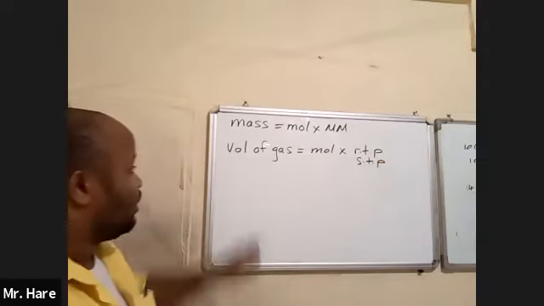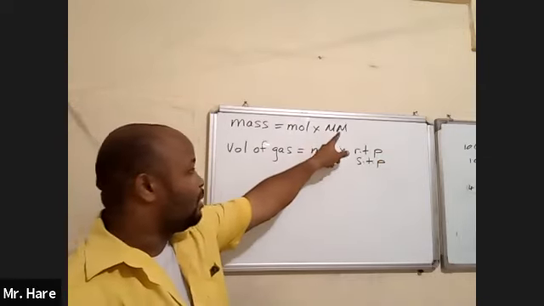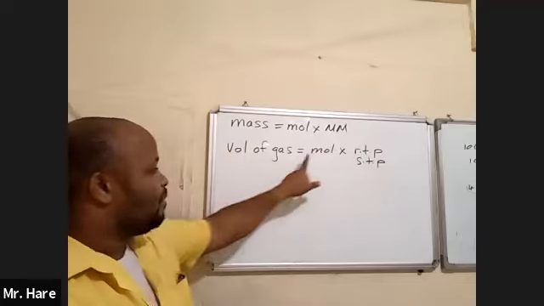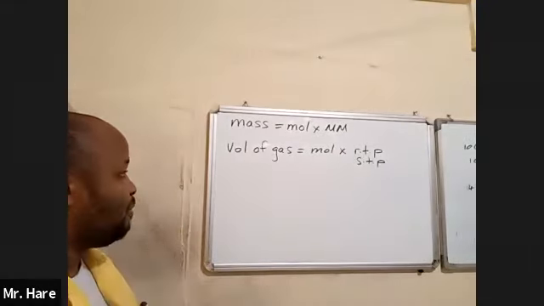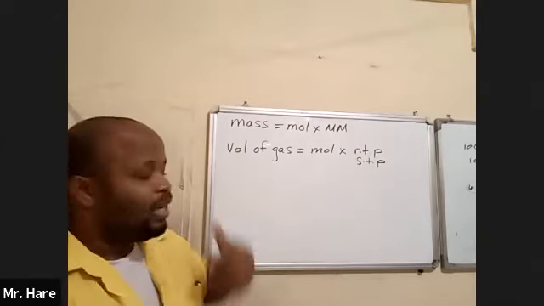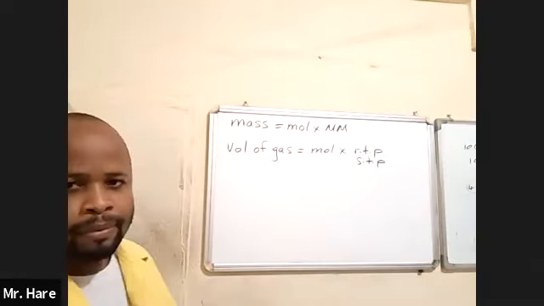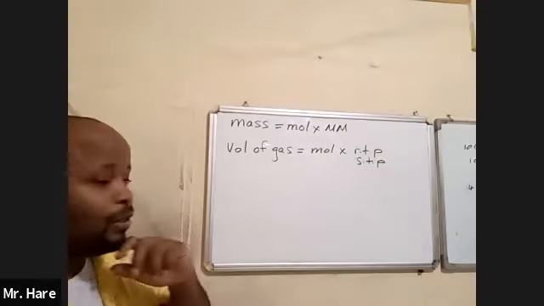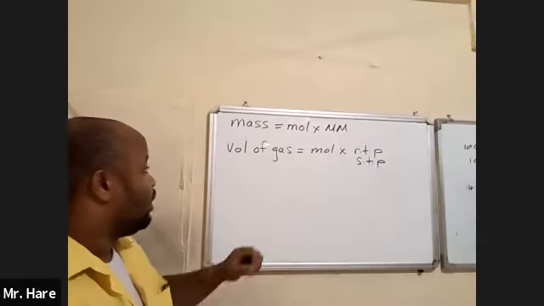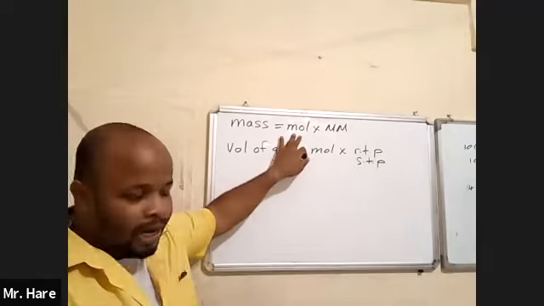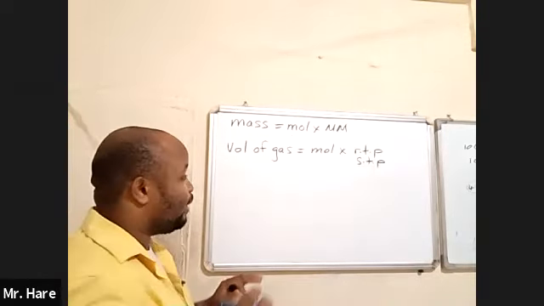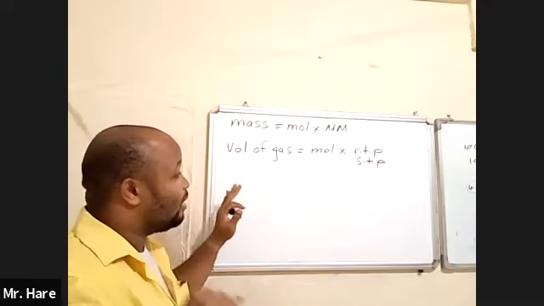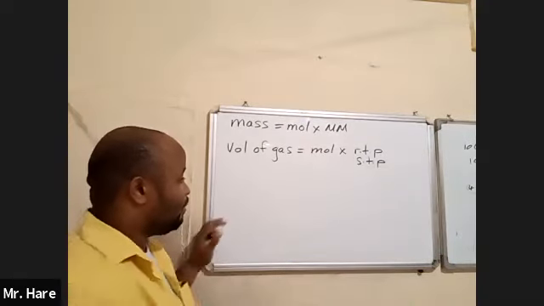So mass is equal to mole times molar mass, volume of gas is mole times RTP or STP, whichever is stated. RT stands for room temperature and pressure. All right, so for electrolysis, if you want to find moles, again, this is my way of doing it. You don't have to do it like this.